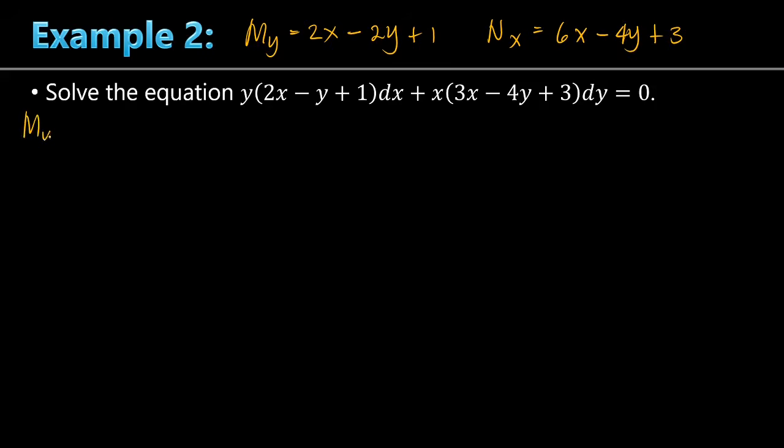Kunin mo ngayon yung my minus nx. 2x minus 6x, negative 4x. Negative 2y minus negative 4y. So, negative, negative, positive. So, 4 minus 2 is 2. So, plus 2y. And then, 1 minus 3 is 2. So, negative 2. Ayan. So, this is now my difference. Yan yung my minus nx ko.